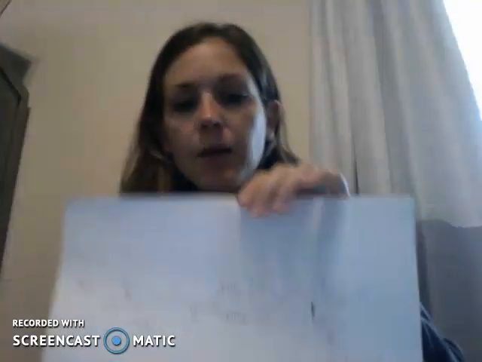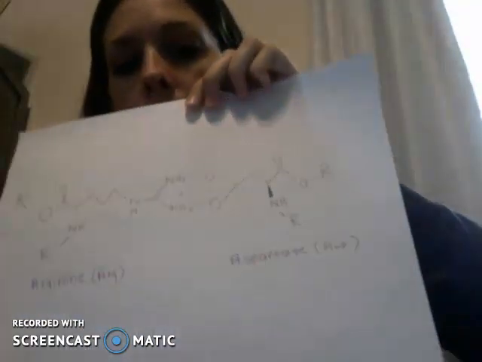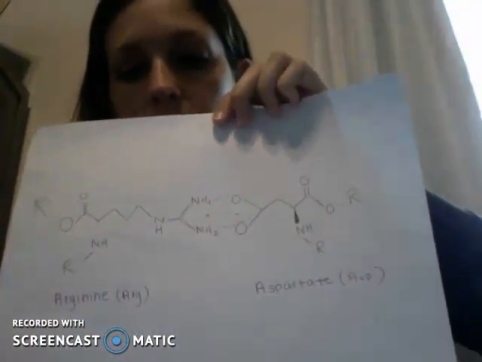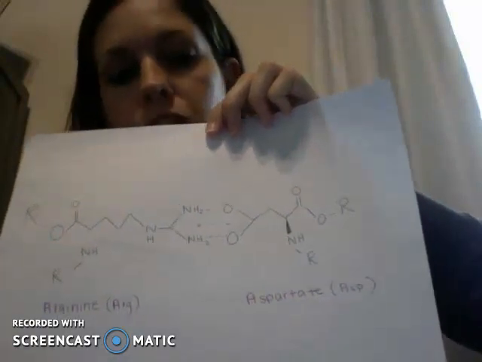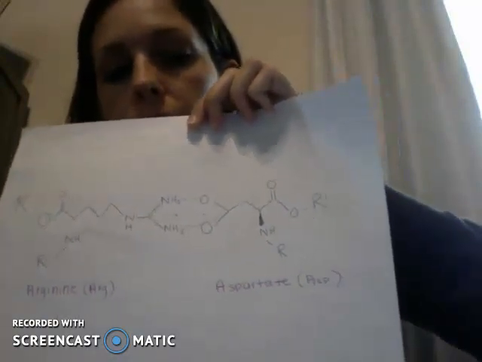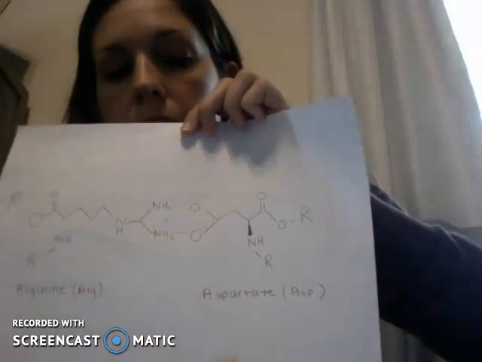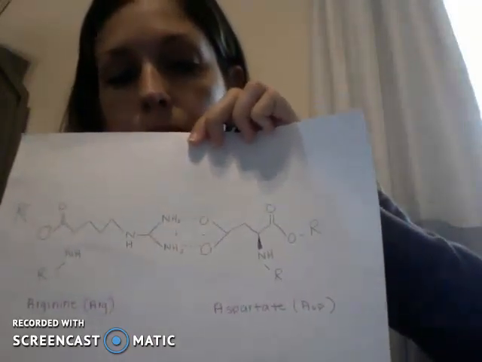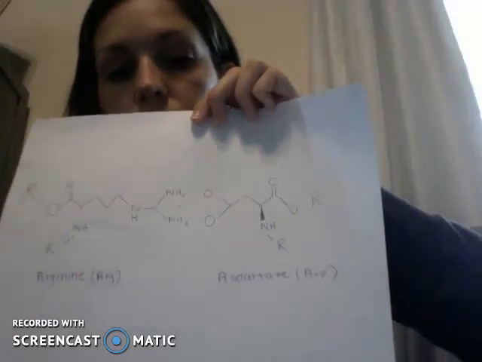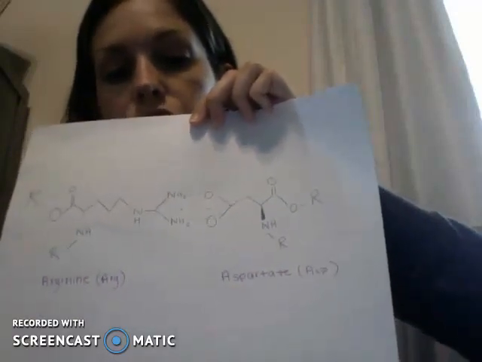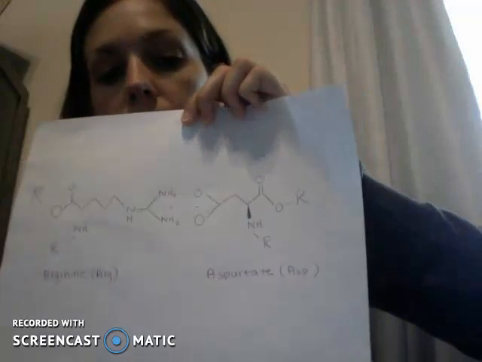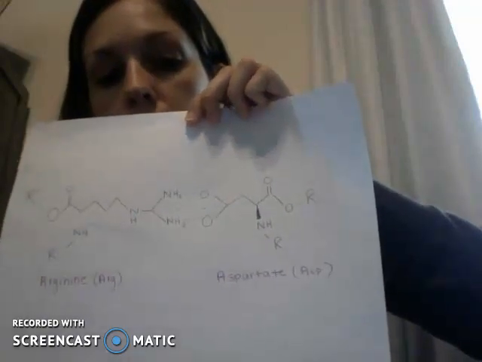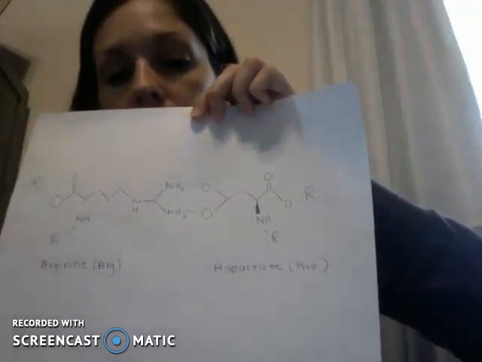So here we have our aspartate and our arginine. On the arginine side, we have that NH2 group, and that's going to have a positive charge on it, which is actually shared between multiple atoms.